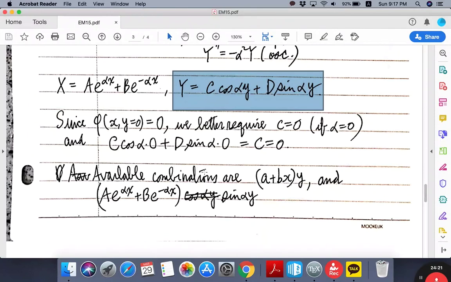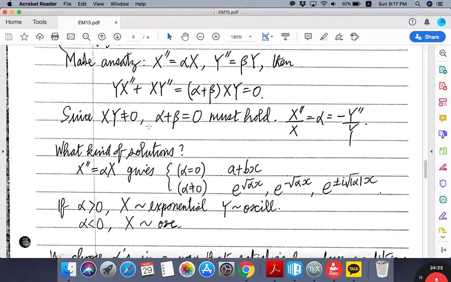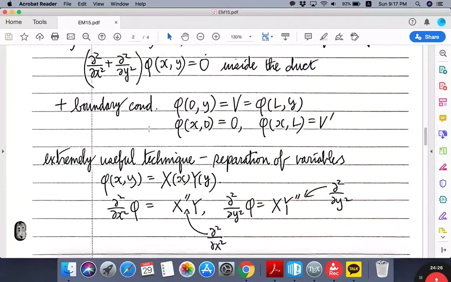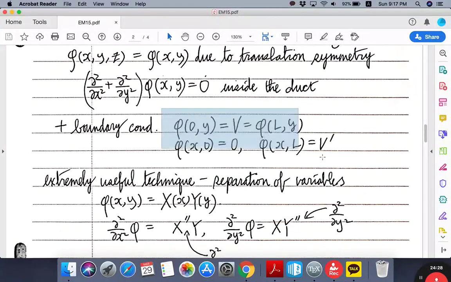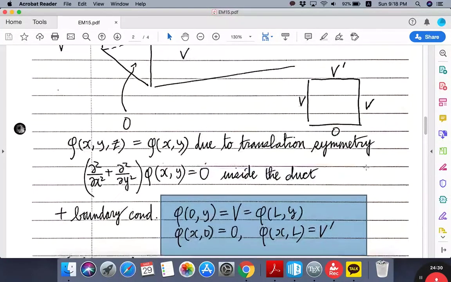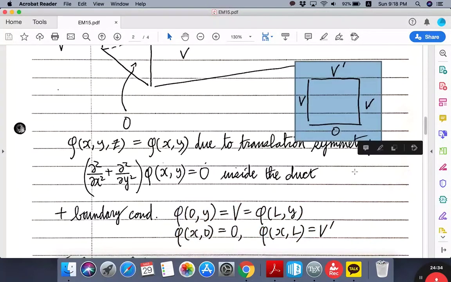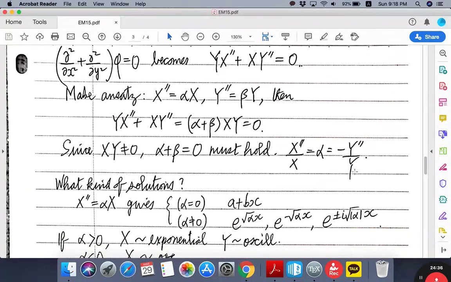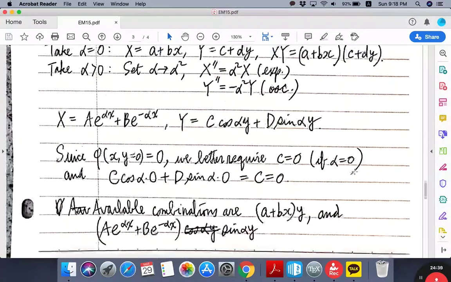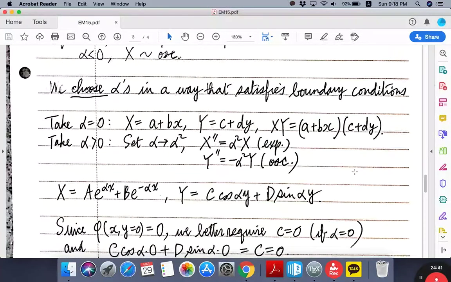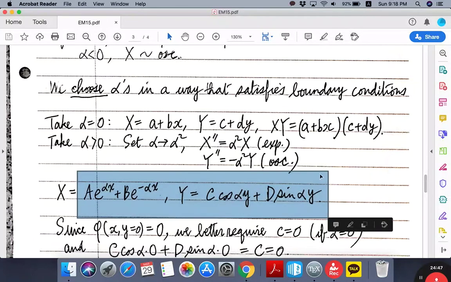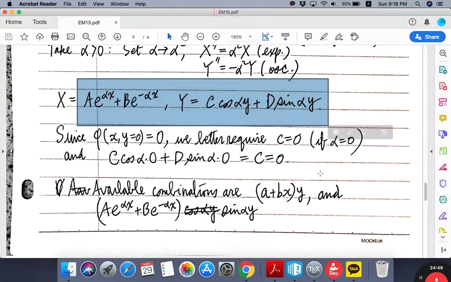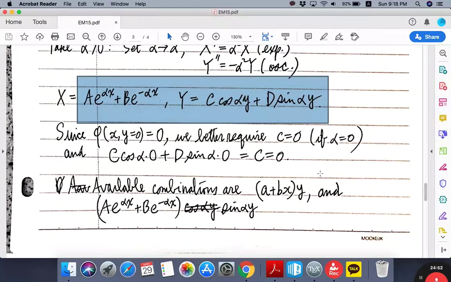The boundary condition was summarized up here, or as a picture over here. And now the question is, how do we make all of these exponential and harmonic functions combine in such a way that these boundary conditions are indeed satisfied?